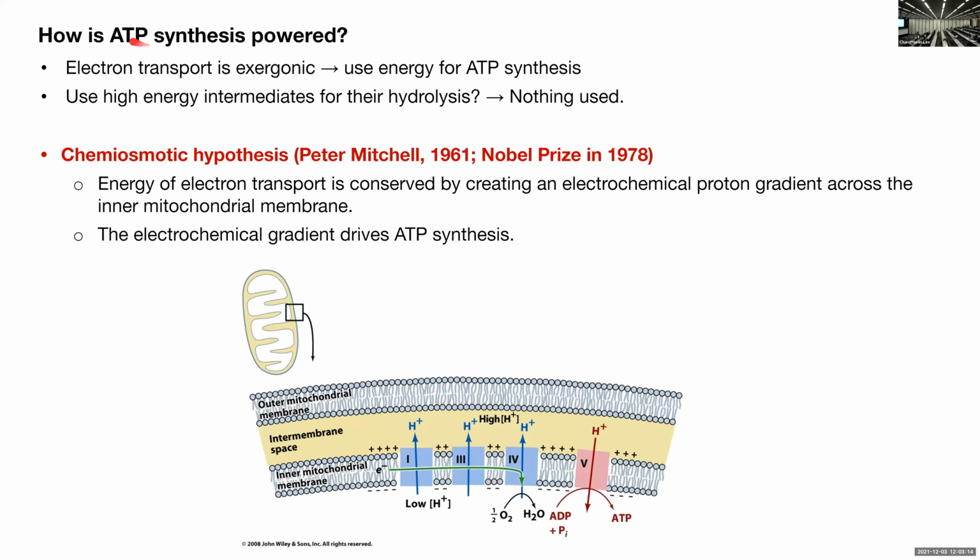And also how the ATP is powered. It's all about using the chemiosmotic pressure, where you make the proton gradient across the inner membrane, and it'll be utilized for generating ATP, for driving the ATP synthase.